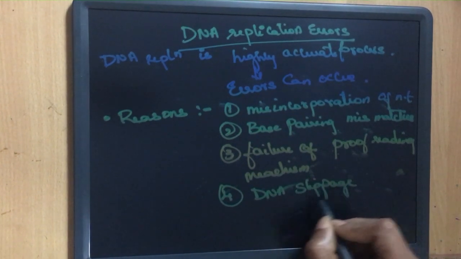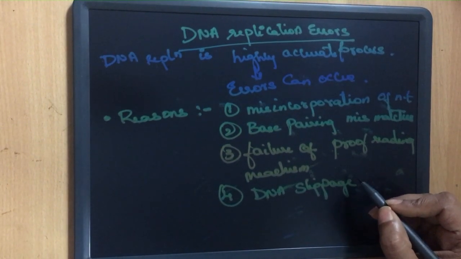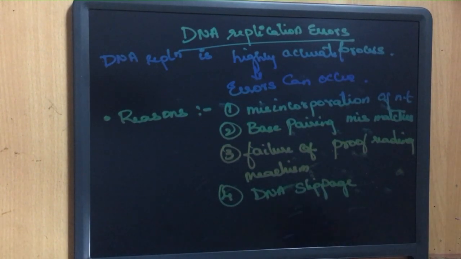DNA slippage is a phenomenon which causes insertions or deletions in DNA sequence during replication. We'll read this in detail.